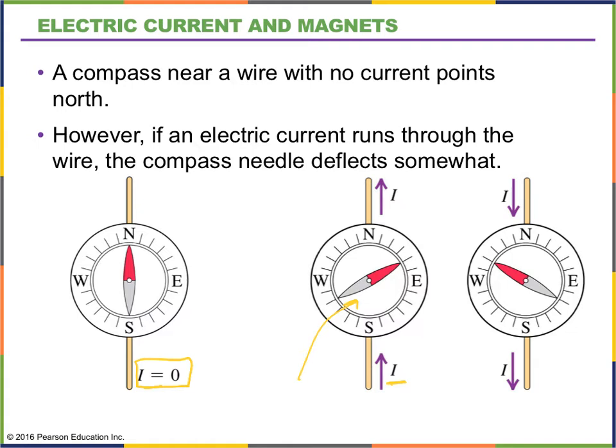Also notice that if we change the direction of the current, the deflection of the needle in the compass changes. So what we are seeing is that the current seems to cause a magnetic field. And not only seems to, but it does.